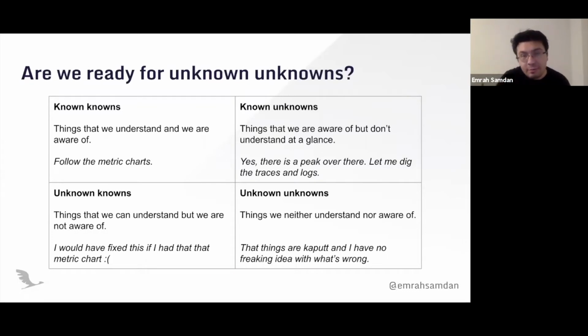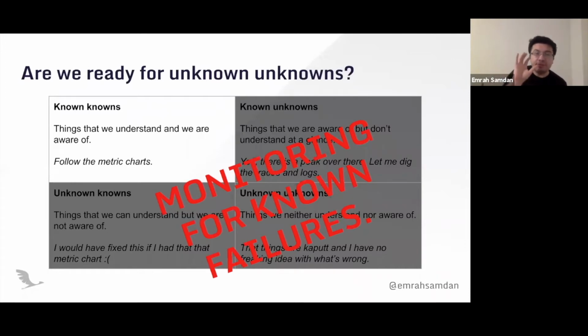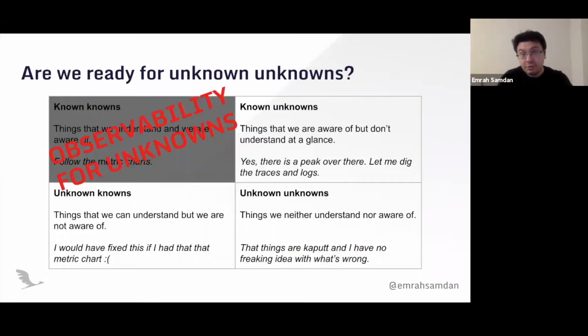If you look at this chart, monitoring only focuses on the known failures. You see something, you know what to expect to see, you know how to react to this situation, and you can take the precaution that you need. Observability is for unknowns.